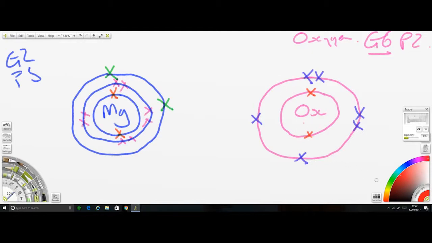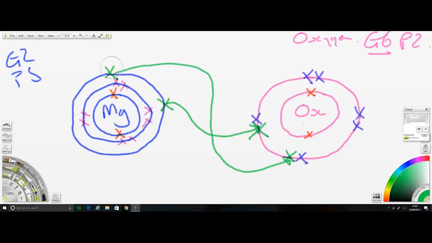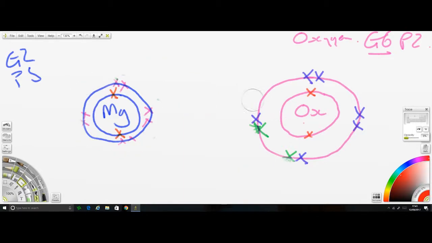So what's going to happen here is remember the metal donates the electron, so I'm going to have this going here to donate that electron, and then I've got this electron coming here to donate that. And so I'm going to just plot these on, and of course this outer layer will disappear. So what that means for this oxygen is that it has now a full outer shell.